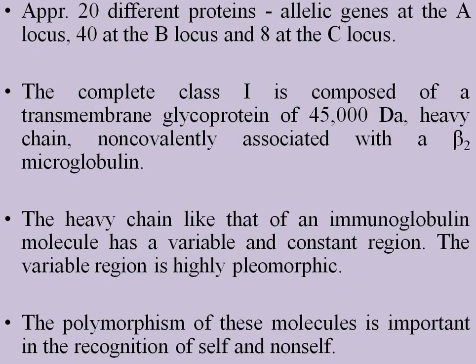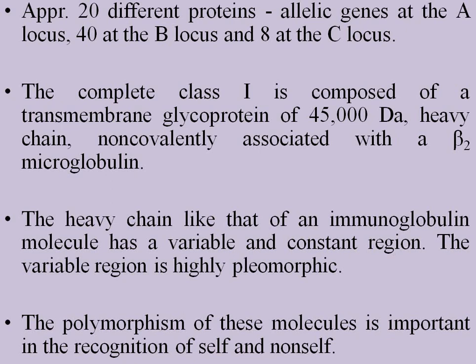Approximately 20 proteins are encoded by the allelic genes at the A locus and 40 at the B locus and the C locus. The complete class 1 molecule is composed of a transmembrane glycoprotein of 45,000 daltons, which is non-covalently associated with beta-2 microglobulin.